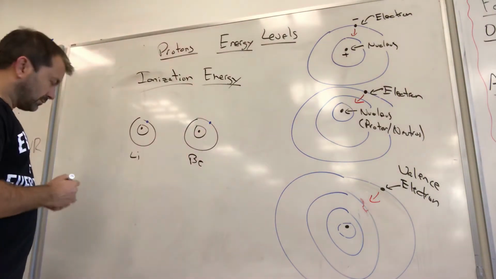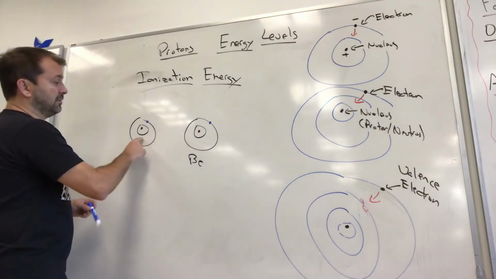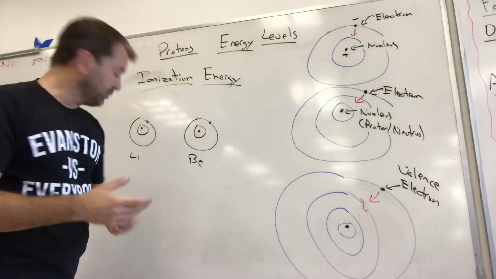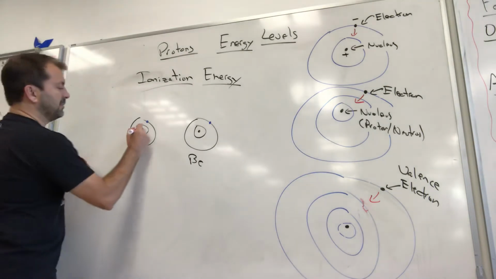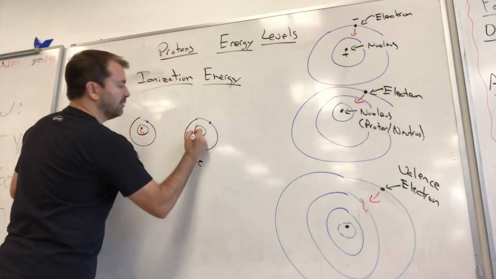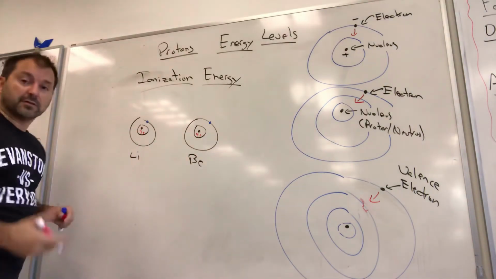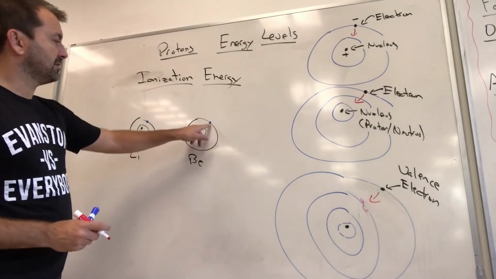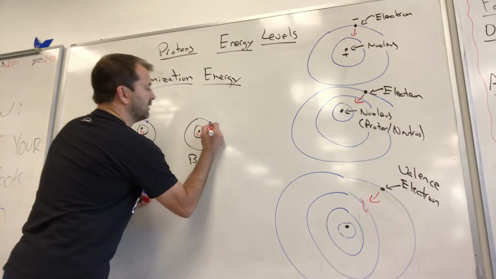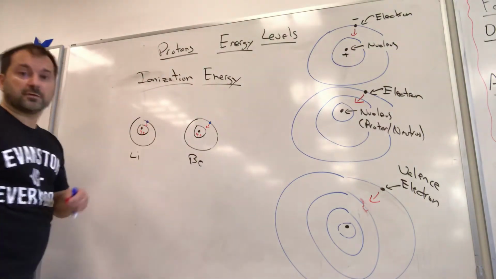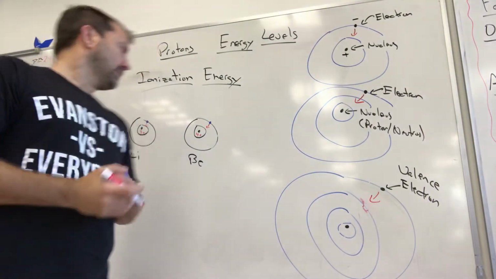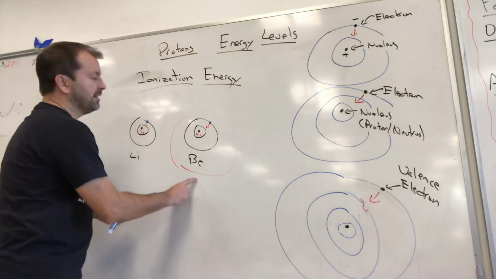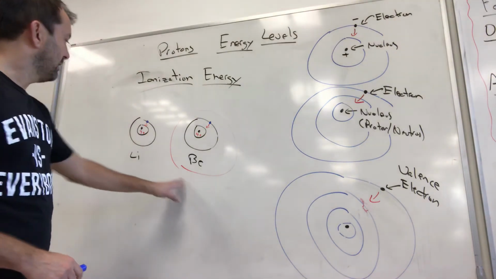Now, in this case, the electron's roughly the same distance away from the nucleus, but in lithium, the nucleus has 3 protons, and beryllium, the nucleus has 4 protons. So let me ask you, in which of these two is this electron feeling a stronger force of attraction? You should say the beryllium one. So what we would say as chemists is beryllium has a higher ionization energy than lithium.